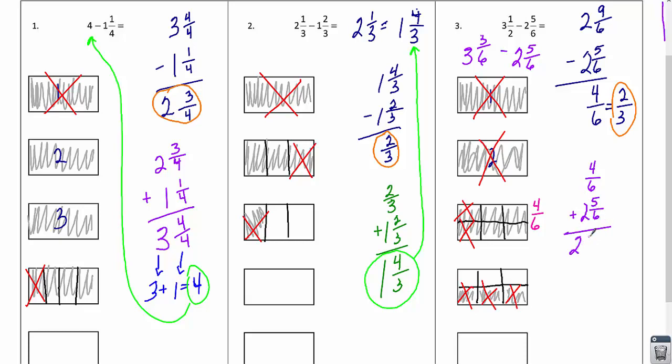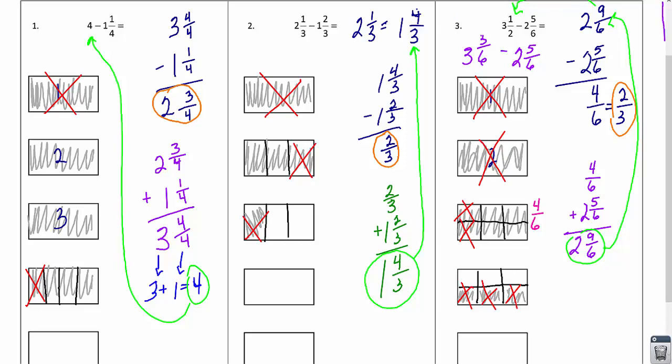I'm going to end up with 2 and 9/6, and that 2 and 9/6 is exactly what I started with after I renamed my problem. But we know that was the same as this. We know this amount was the same as that amount. So again, we know we did the problem correctly. Always use that addition at the end to make sure you've done the problem correctly.